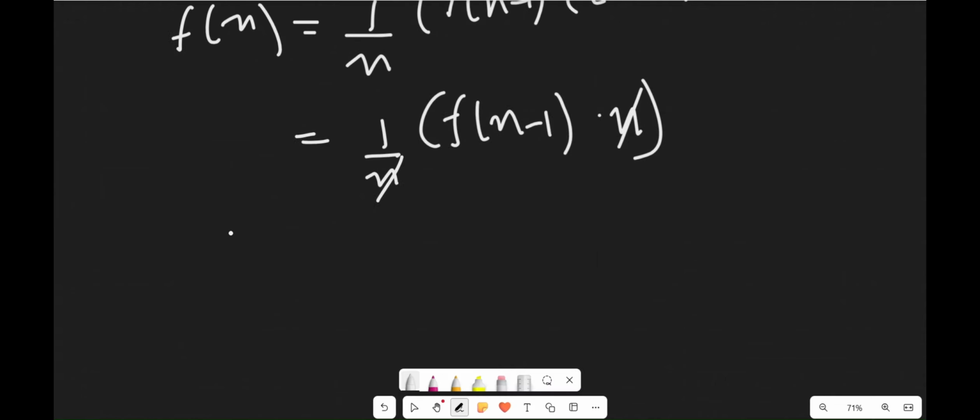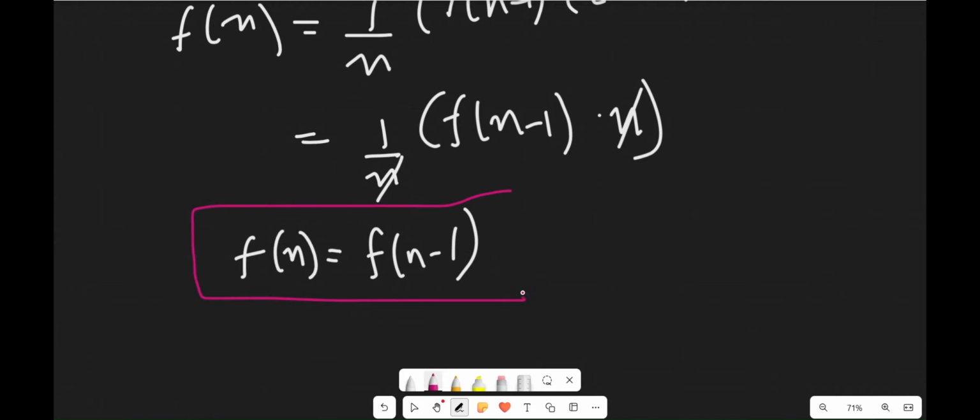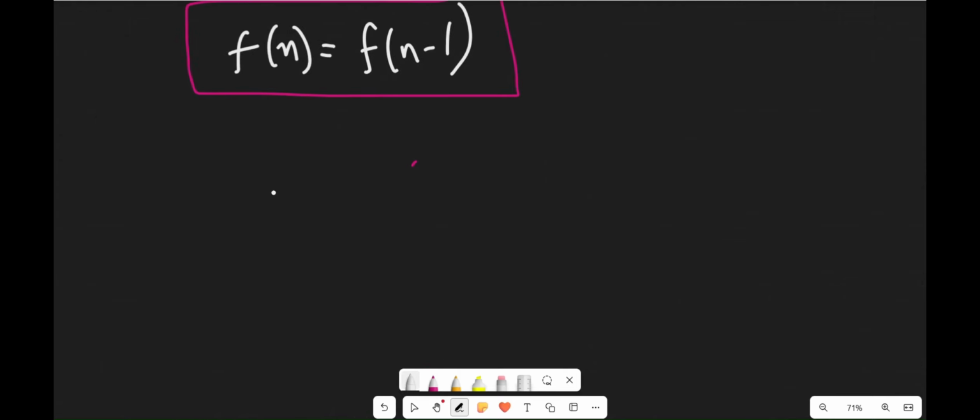Now as you can see, f of n is equal to f of n minus 1. This is a really important relation we calculated. Now let's say we have to calculate the probability of 4, right?